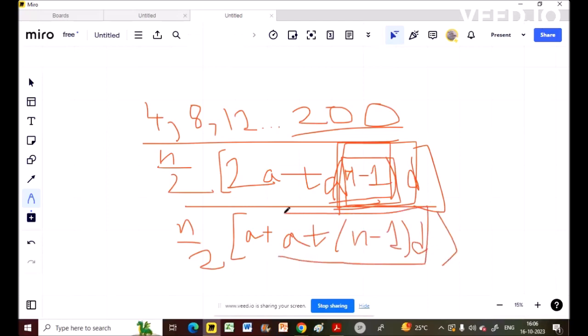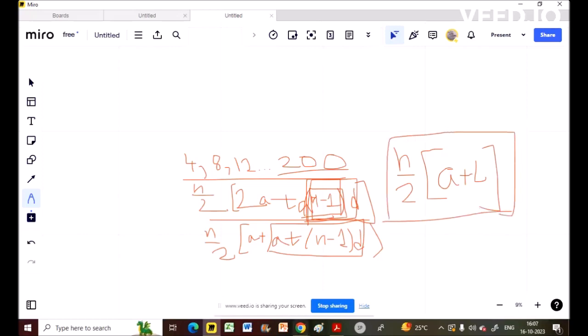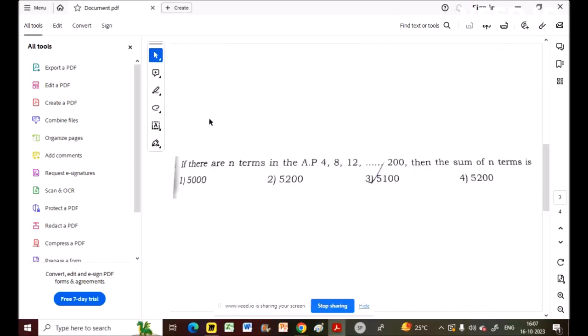In the previous video we have already discussed that a plus n minus 1 into d is the last term of an arithmetic progression. So can we write the sum of n terms is equal to n by 2 into a plus l, right? So if we use this formula for this question, then we can easily compute that problem.